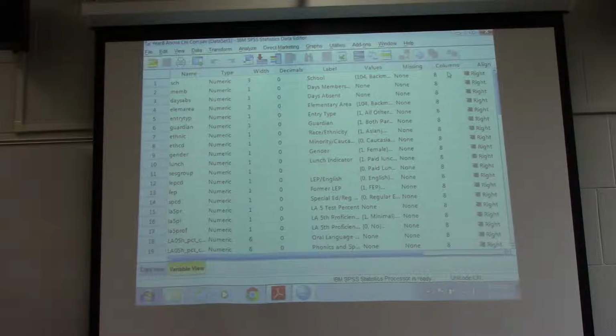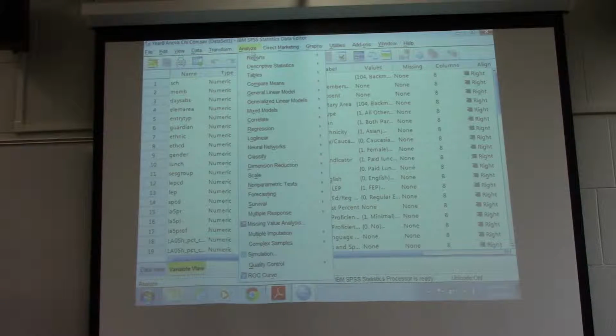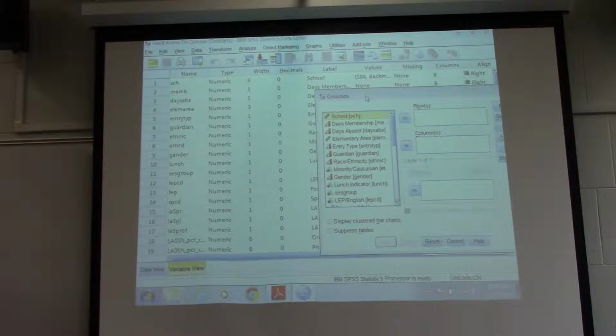But before I do that, I'm going to get back to a descriptive statistic that I want you to be able to interpret. They're just cross tabulations. And what I want you to do in ANOVA Chi Core 8 is go up to Analyze, Descriptives, again, Descriptive Statistics, and click on Crosstabs.